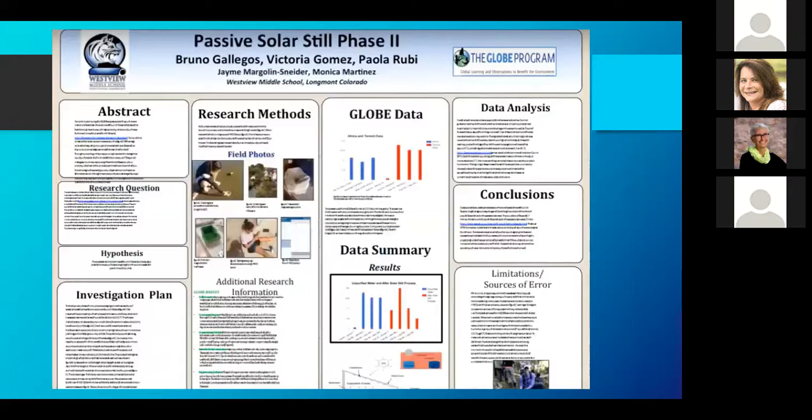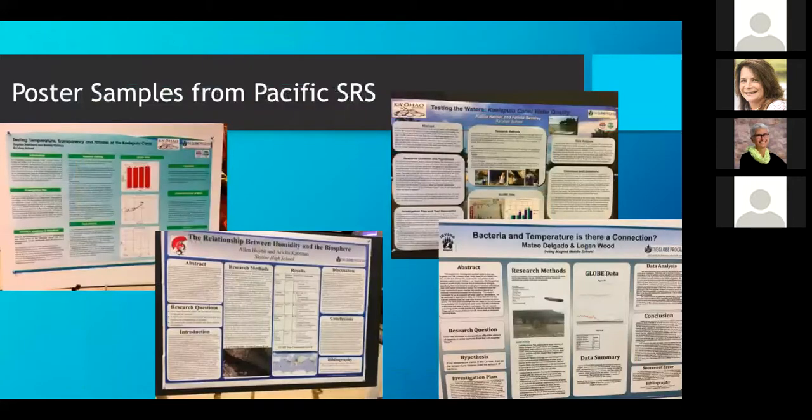And one thing you'll see if you've never been to a student research symposium is that no two posters look alike, and that's okay. Often I get questions like, can we move this over there, or can we widen this column? And that's fine. Here are some examples of our posters from last year's Pacific Student Research Symposium. You can see that not all the posters are identical.